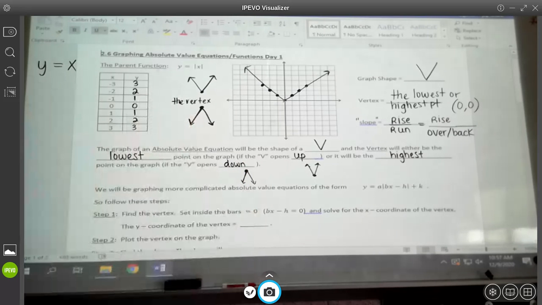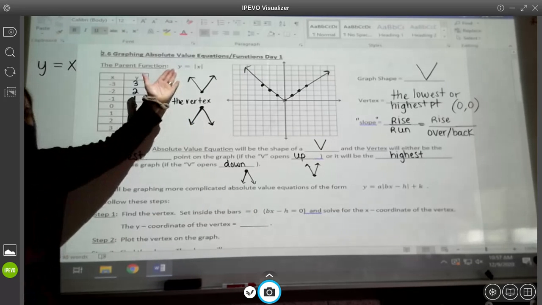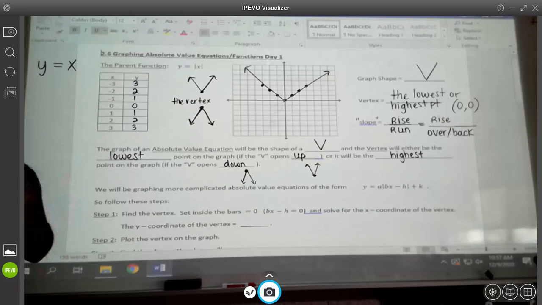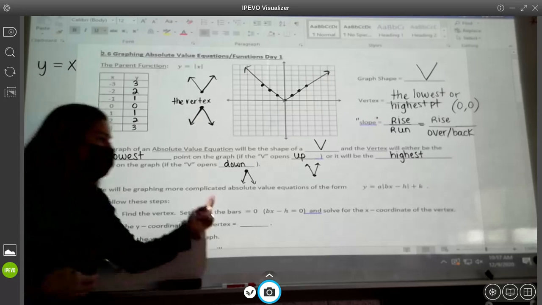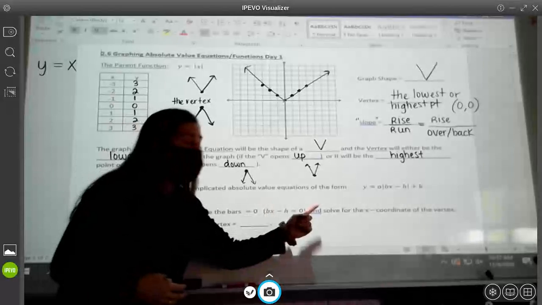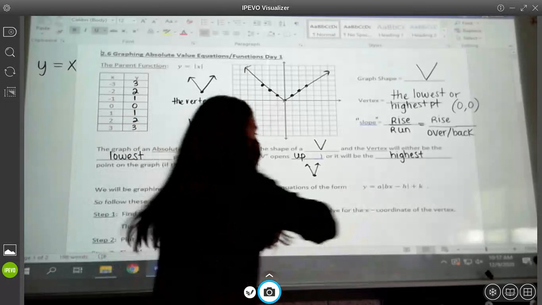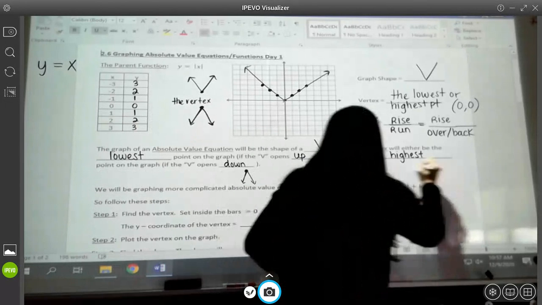So this graph was extremely simple, so a table of values got his graph very, very nicely. However, we're going to be graphing more complicated absolute value equations of this form. So guys, they're going to be sticking numbers inside this problem all over the place.